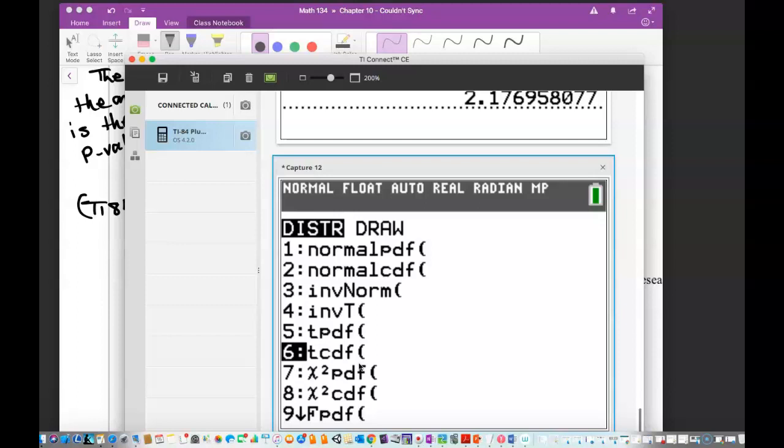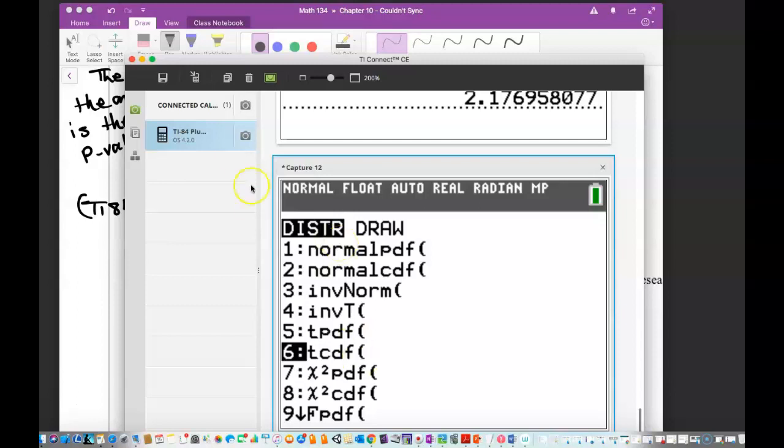Then enter data for lower. Since here I have two tails, I only need to enter data for one tail. It doesn't matter which one you choose. You can enter data for the left tail or the right tail. I'm entering for the left tail. For lower we have negative infinity, then for upper we have negative 2.502, and degrees of freedom is 22.